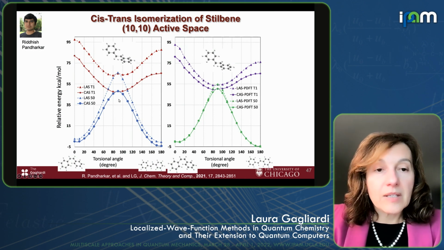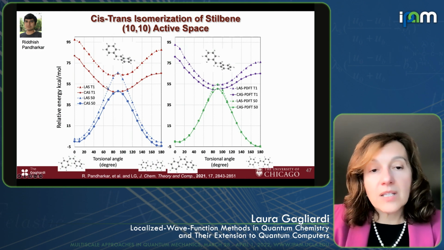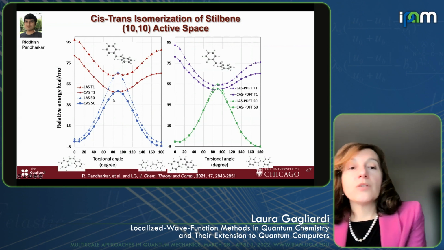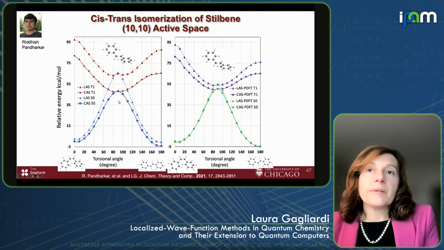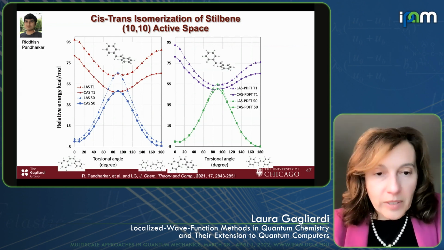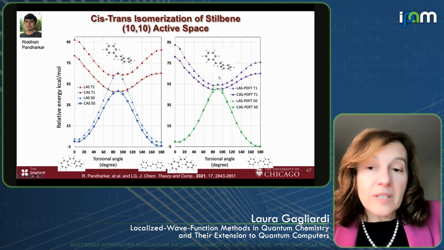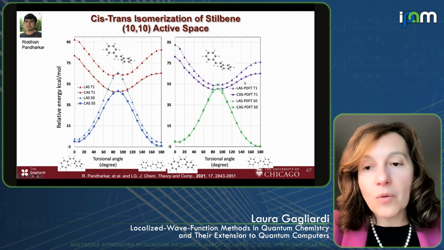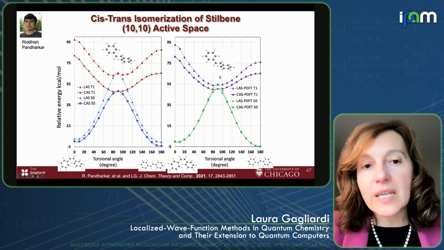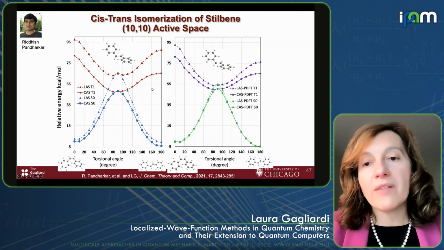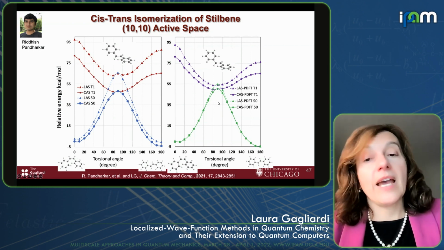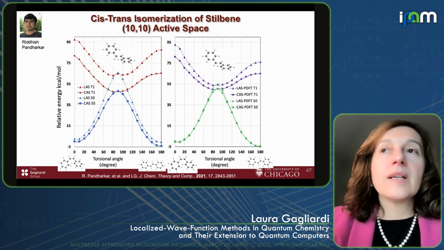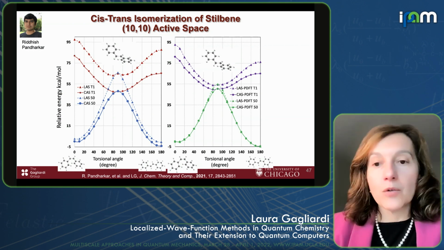And you see, LASSCF is not a very good approximation to CAS, especially here at 90 degrees, which is the more radical situation between the two. With pair density functional theory, the problem reduces significantly. So PDFT does a good job, even if it starts with this really poor wave function, but it's not perfect yet. So doing the SI or the last VQE seems to be a good option.